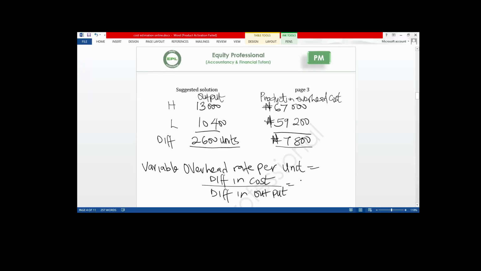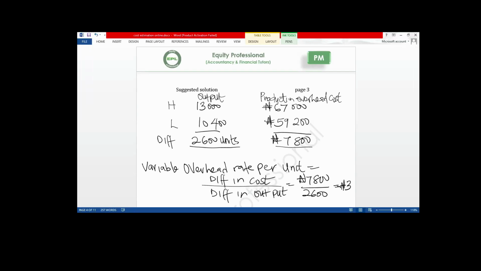That is 7,800 divided by 2,600 units. Please, what is the variable overhead per unit? 3 naira per unit. 3 naira. You have gotten the variable overhead per unit.